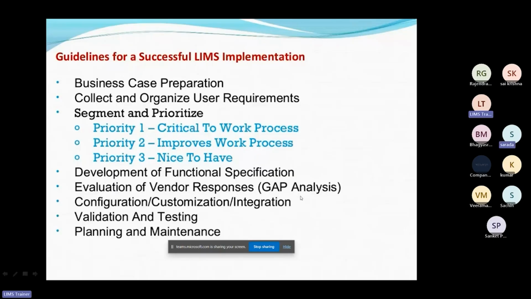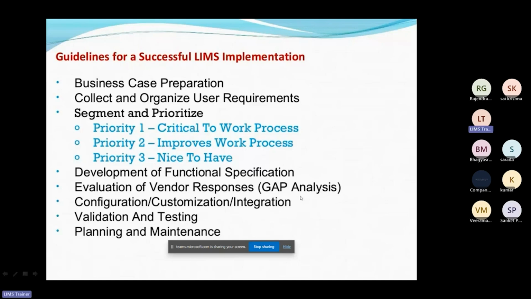Then comes configuration, customization, and integration. After this gap analysis, we integrate all the instruments as required. After this, we go for validation and testing.